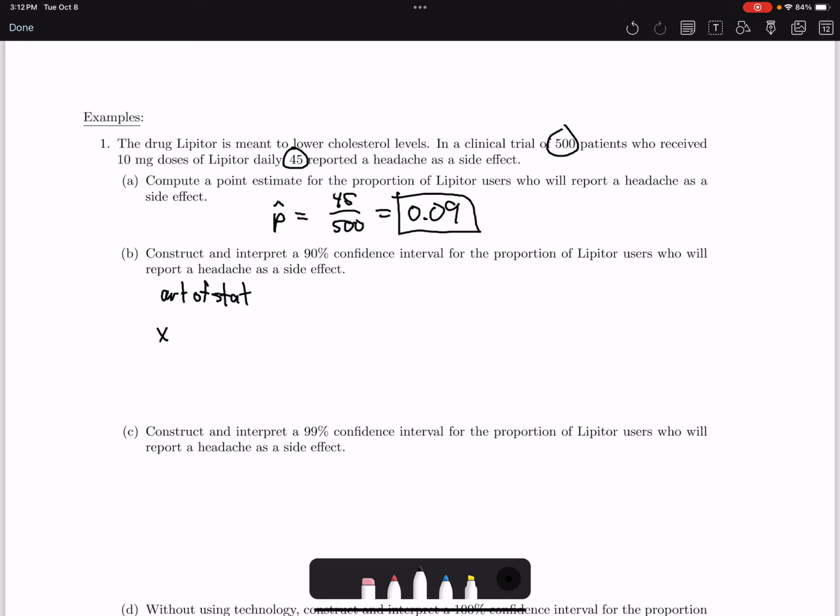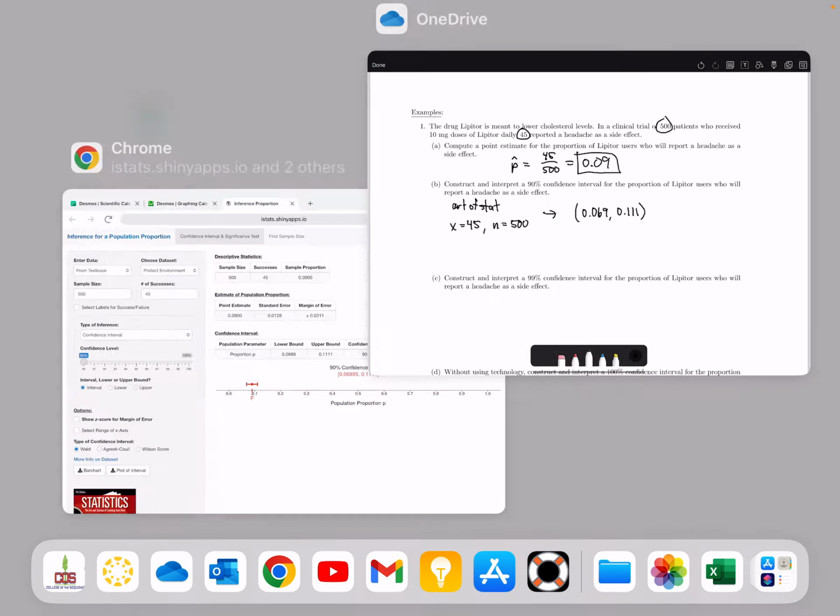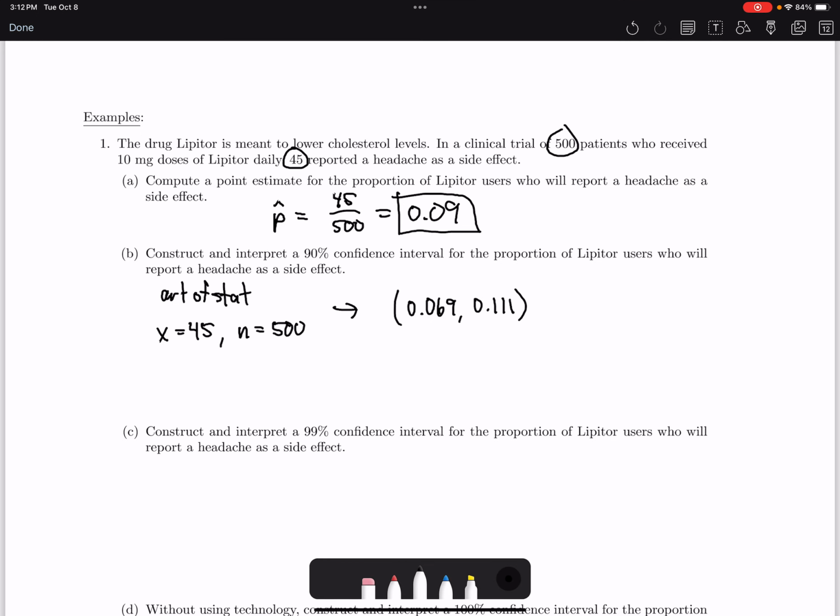We entered 45 for the number of successes and 500 for the sample size. And the confidence interval that we got was 0.069 to 0.111, approximately. Did I get that right? Yeah, 0.069 to 0.111. So there's our confidence interval.